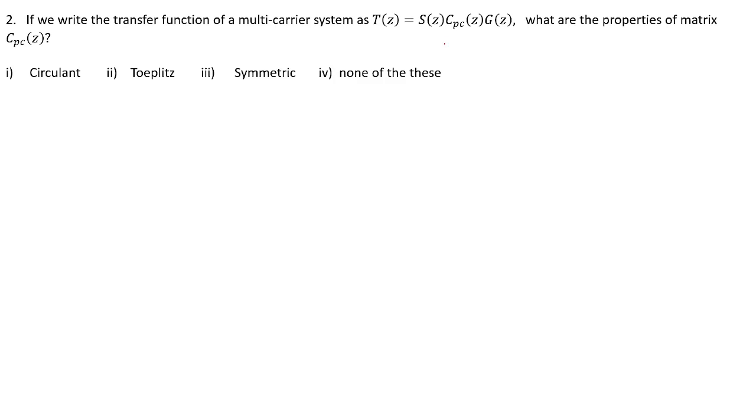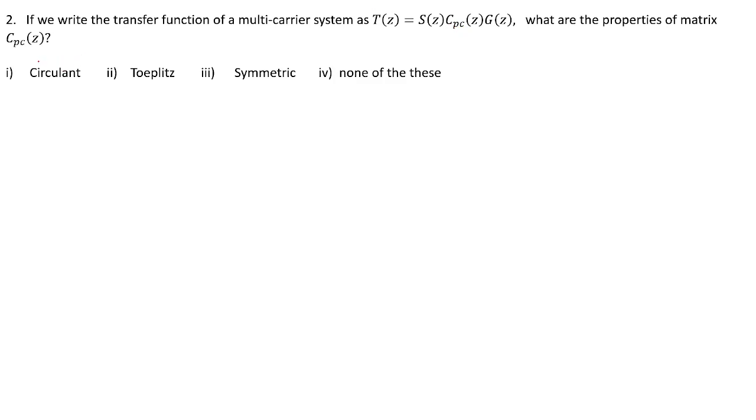If I answer directly from lecture, we have seen that T(z) is nothing but a matrix created by polynomials, I mean its elements of the matrix are polynomials, and this C_pc(z), where this subscript pc refers to pseudo-circulant, is a pseudo-circulant matrix which satisfies the Toeplitz property.